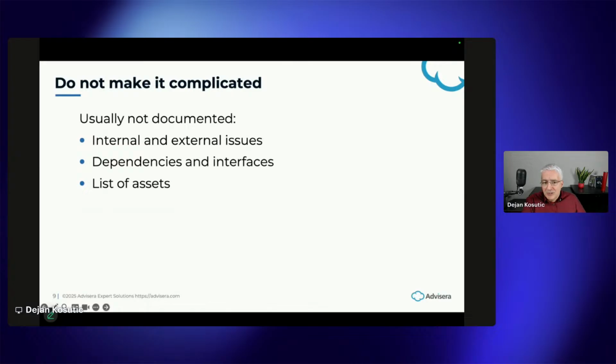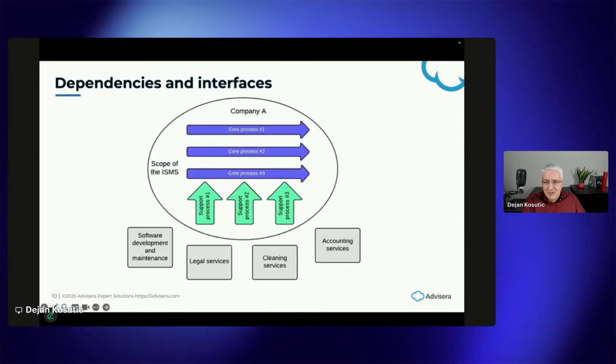Now let me show you in the next slide what these dependencies and interfaces are, and why it is important to consider them when you think about setting the scope. So here in this diagram you see a hypothetical company A, where in the scope of the ISMS you include a couple of core processes, and then you have some supporting processes.